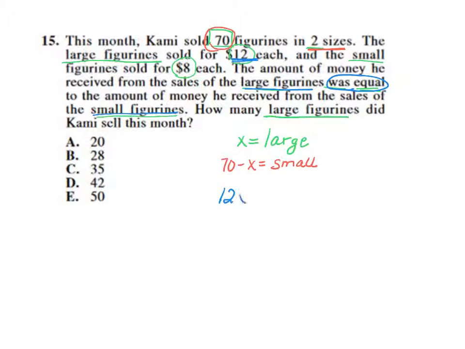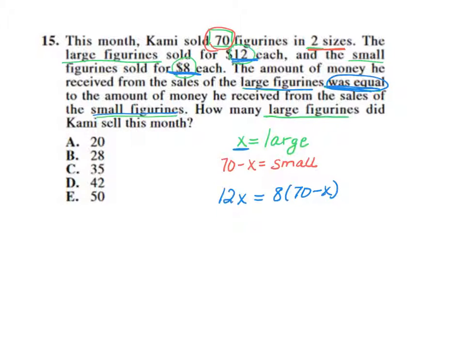So the money she made for large figurines was 12 times the number she sold, which remember we let be X. That's going to equal, because the money was equal for the large and small figurines, 8 times the number of small figurines we sold. And the reason I multiply by 8 is that $8 was the price of each figurine.